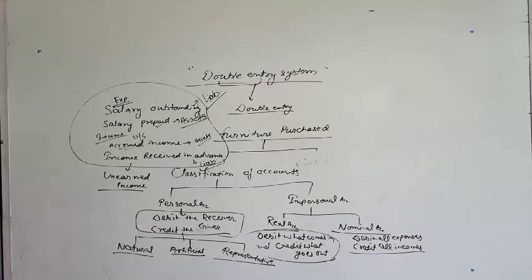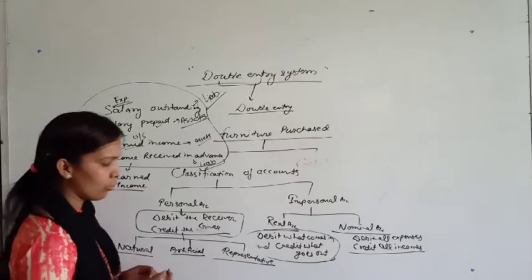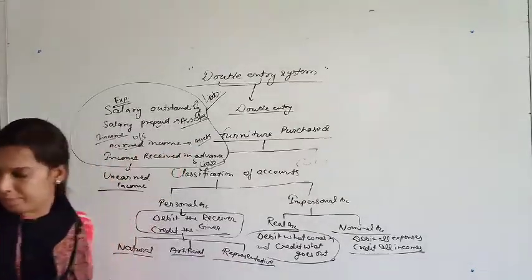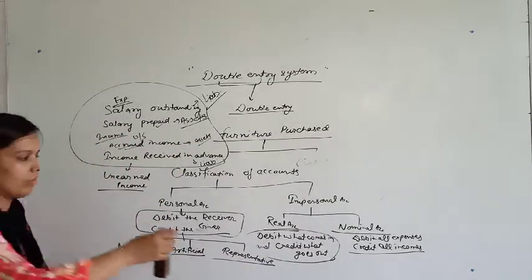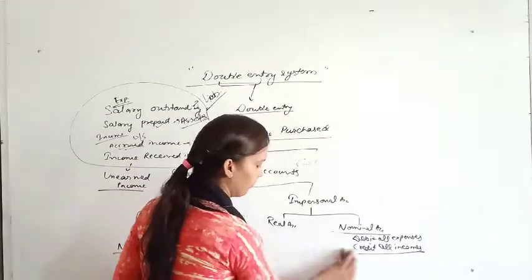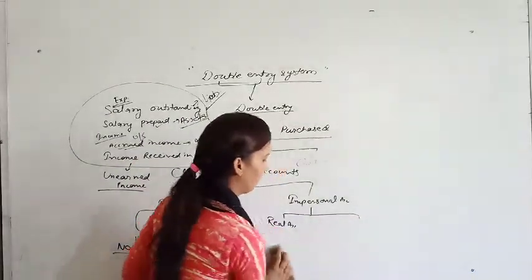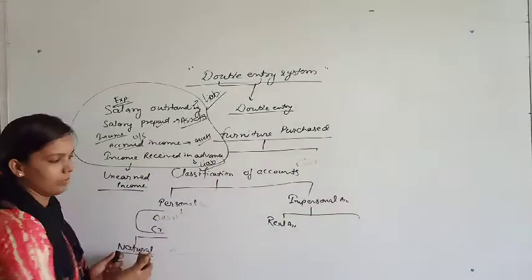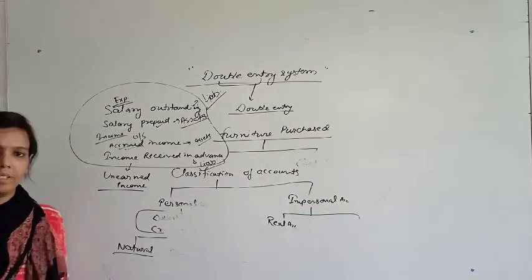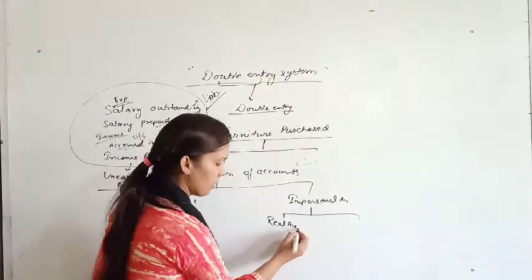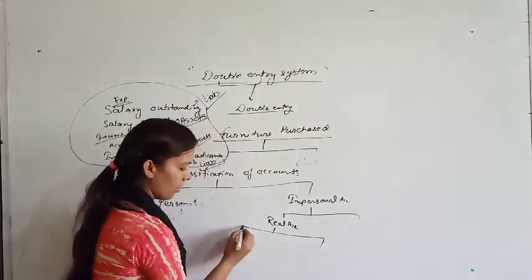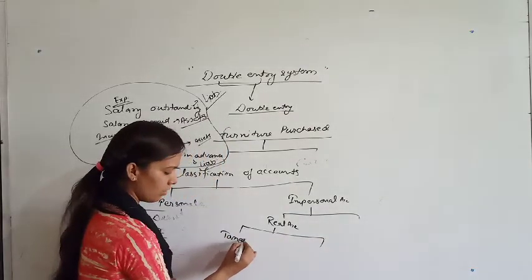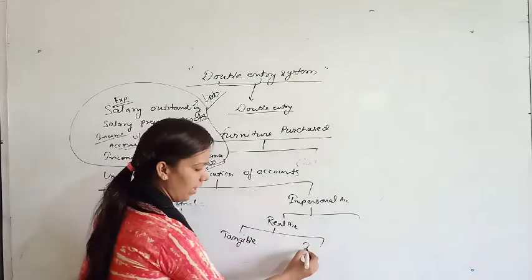Now let's talk about real account. Real account is also divided into 2 parts. It is also subdivided. Real account, as you know that there are 2 types of assets in a business: tangible and intangible.